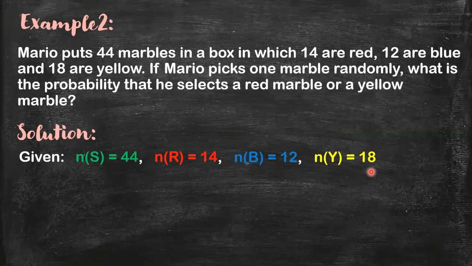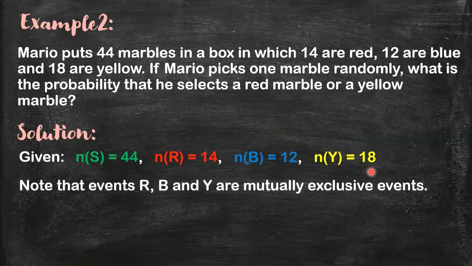Before we get the probability of getting a red marble or a yellow marble, I want you to take note of this. Okay? The events R and Y are mutually exclusive events. They don't have any intersection. Kasi wala namang red na blue, walang blue na red, walang blue na yellow, and so on and so forth.